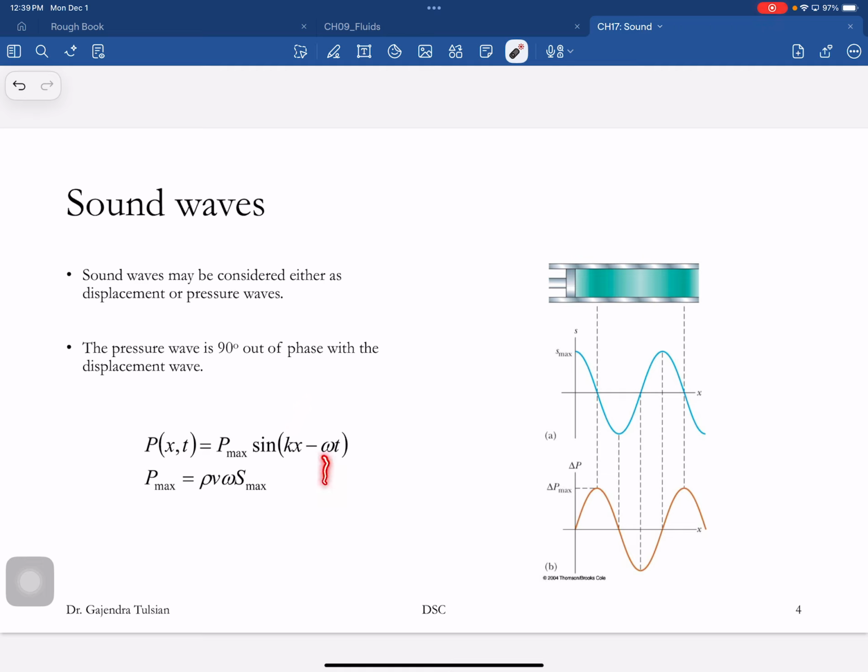And omega is the angular frequency of the wave, which is related to the frequency at which this oscillator is producing the sound wave. And which direction is this wave traveling? To the right. So the sound wave is a pressure wave, and in fluids it's a longitudinal wave that's traveling to the right.